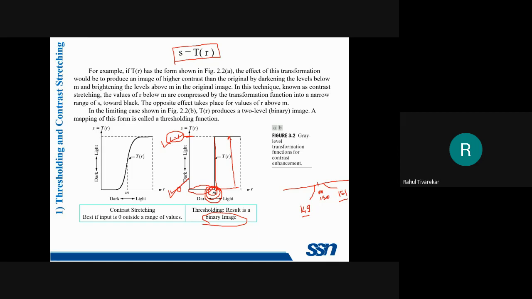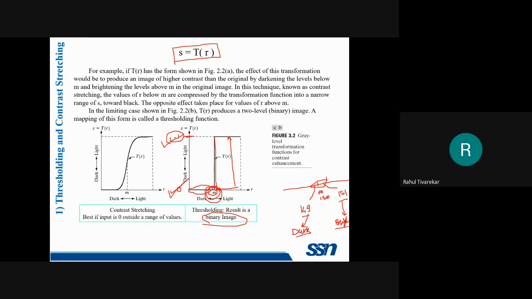They do not have much difference in intensity, but because of thresholding, one pixel will be marked to the dark color and the other to the bright color. Even if they are close in intensity in the input image, in the output image one will be dark and the other bright.